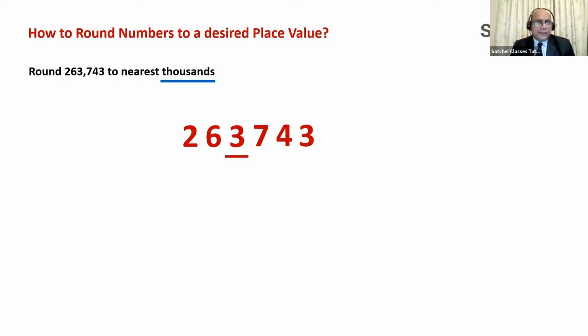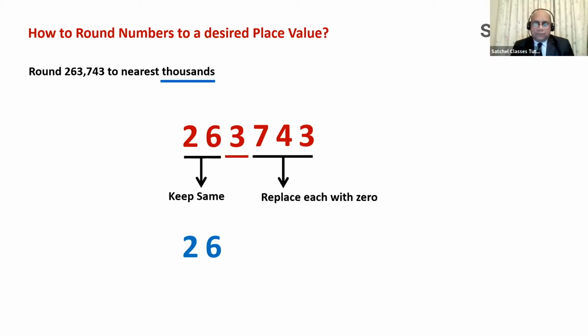Now, remember what were the rules? The digits preceding 3, which are 2 and 6, we need to keep as they are. So these two digits will go as they are in the final answer, 2 and 6. What about the digits which follow 3, the underlined digit? 7, 4, and 3, you replace each of them with a 0. So because there are 3 digits after 3, we replace them with 3 zeros.